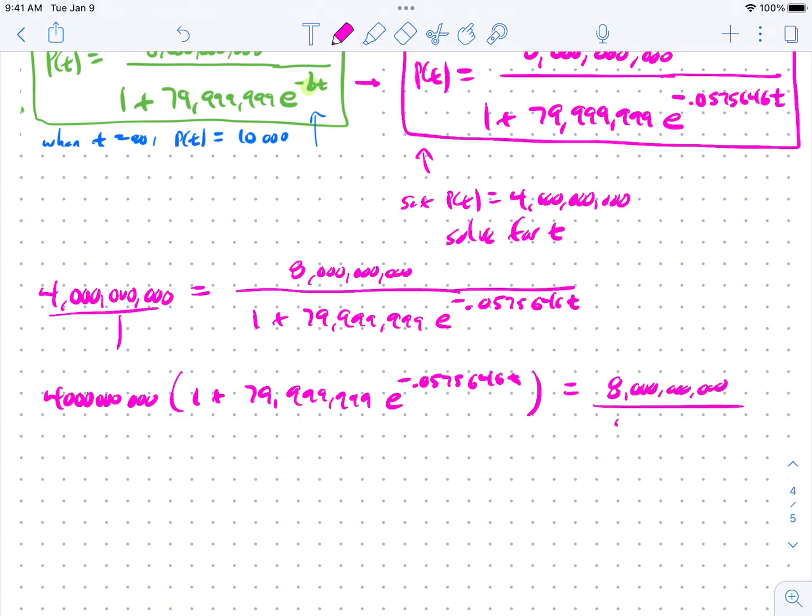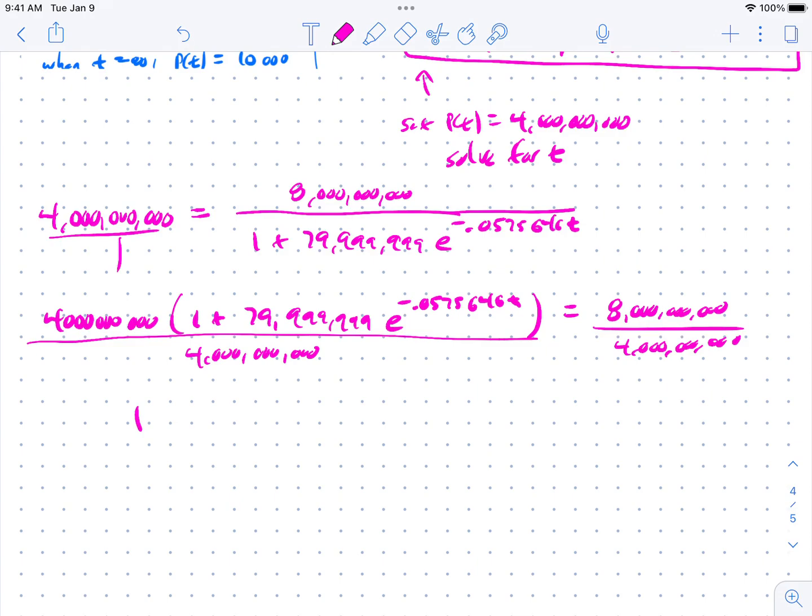Now if I divide both sides of my equation by 4 billion, I'll have this bubble here, 1 plus 79,999,999 e to the negative 0.0575646 t is equal to 2. 8 billion divided by 4 billion is 2.